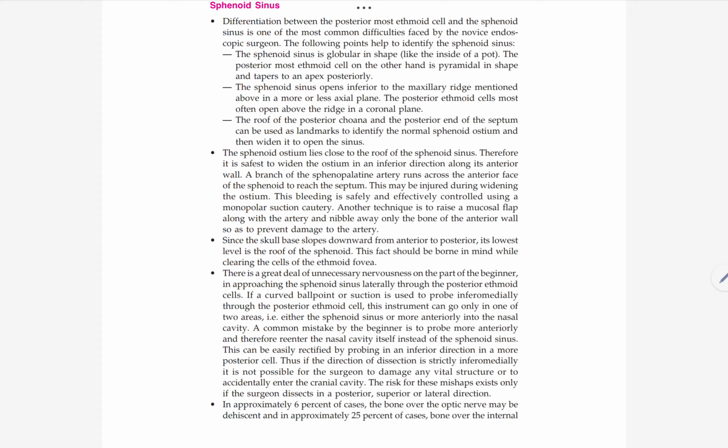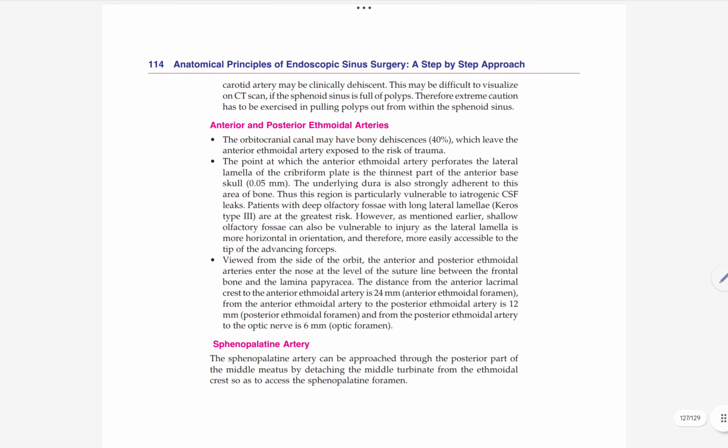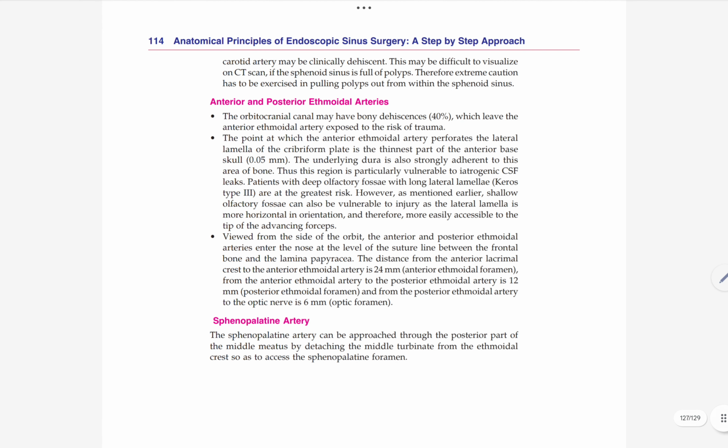In approximately 6% of cases, the bone over the optic nerve may be dehiscent, and in approximately 25% of cases, bone over the internal carotid artery may be clinically dehiscent. This may be difficult to visualize on CT scan if the sphenoid sinus is full of polyps. Therefore, extreme caution has to be exercised in pulling polyps out from within the sphenoid sinus.